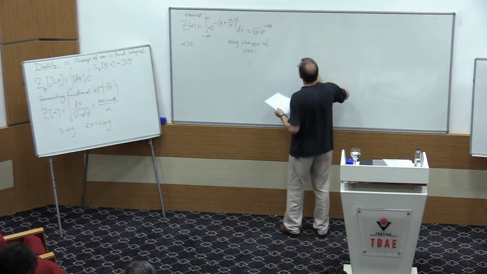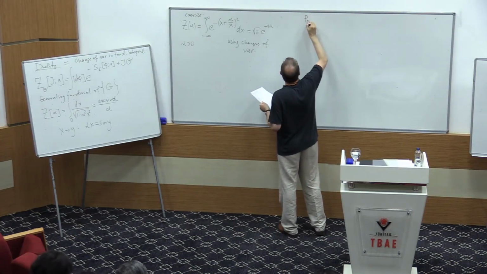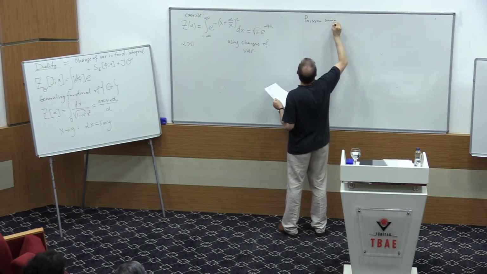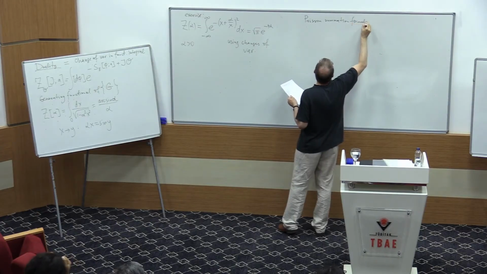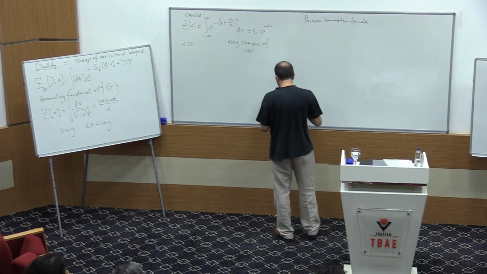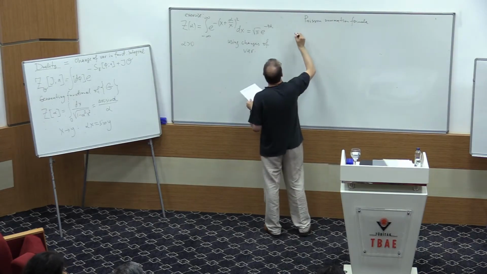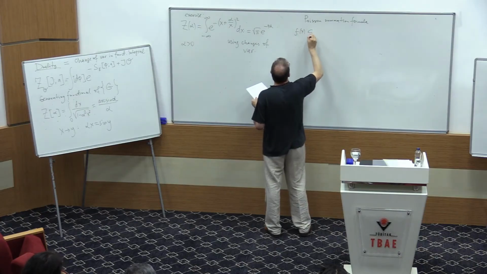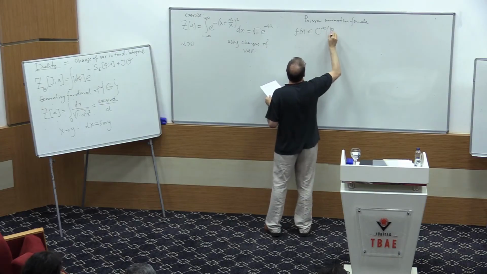So okay, the last thing before the break: the Poisson summation formula. It tells you the following. Suppose you have a function f of x which is smooth on a line.